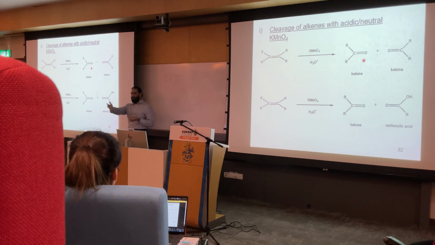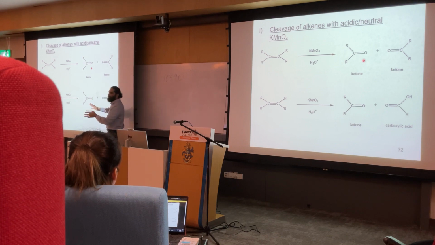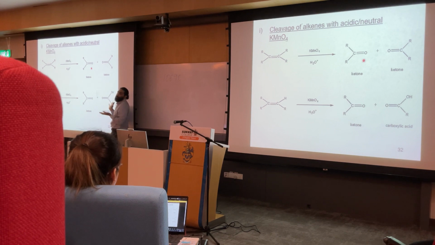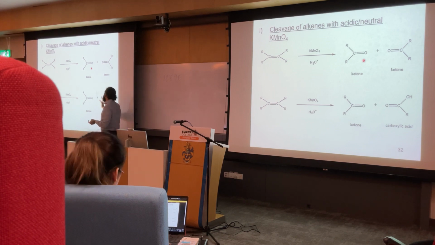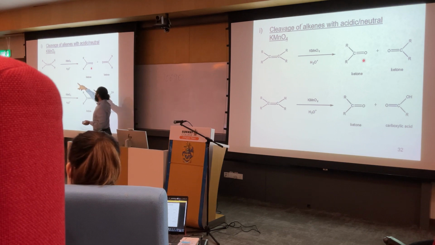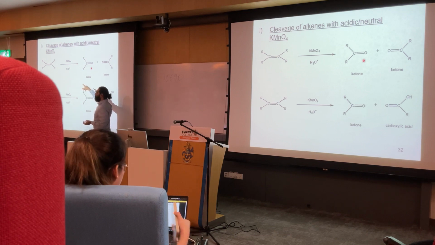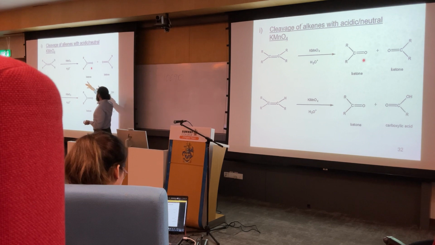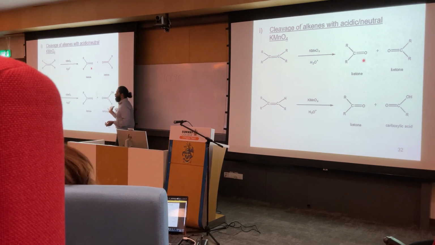So that something is a carboxylic acid. Anyway, this is an unwanted detail at this point because we will have a separate chapter for carboxylic acid. So if your alkene is tetrasubstituted, you'll get ketones, and if it's trisubstituted, then you'll get a ketone and a carboxylic acid. Okay?